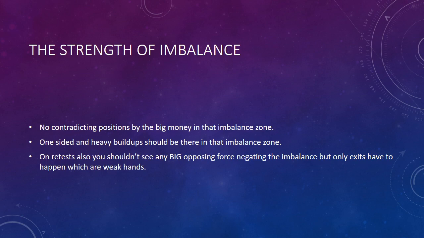And when you see that activity, it becomes a very high probable entry, because that's when everybody is exiting their position believing that the move is not going to come, but that's when the move comes. That is one important thing that you should have an eye on. So this is how you evaluate the strength of the imbalance.